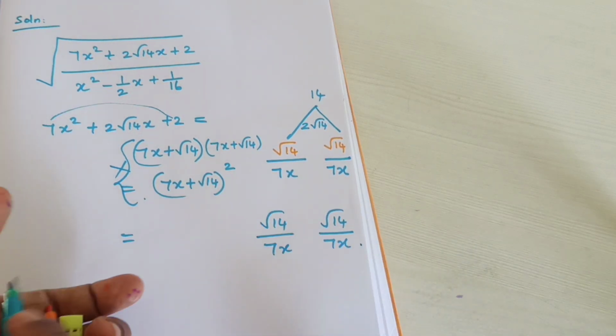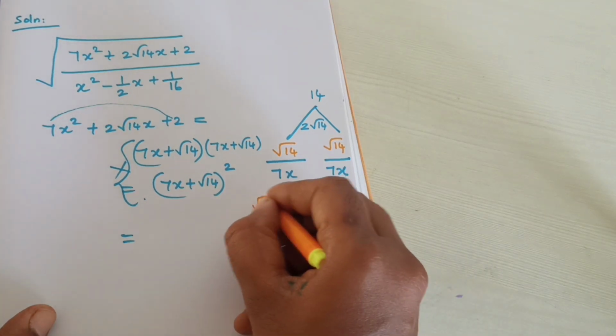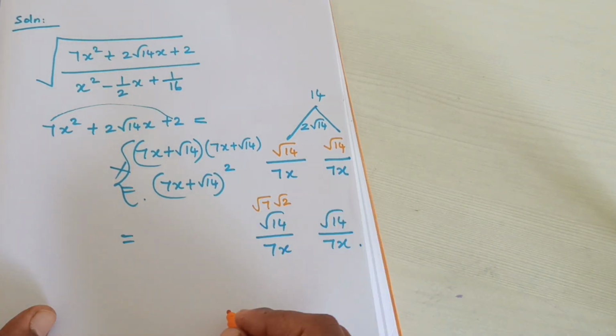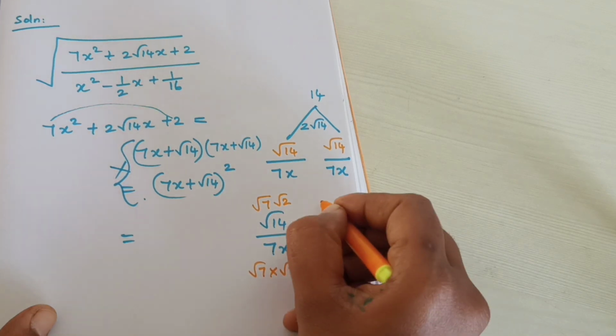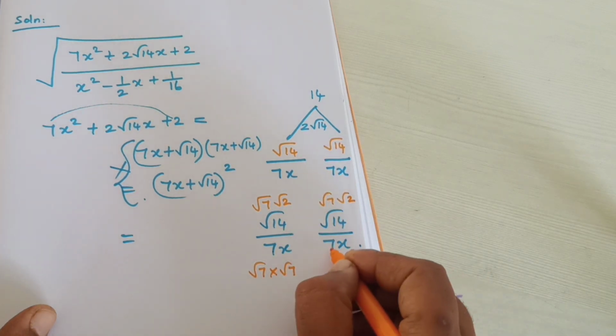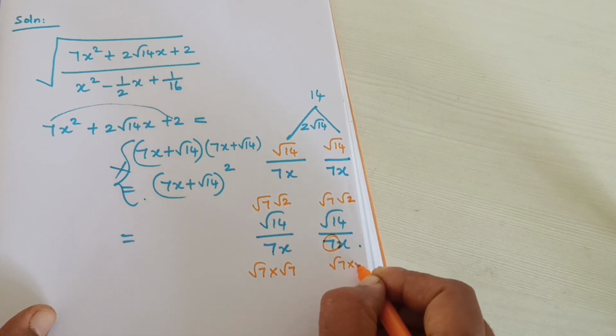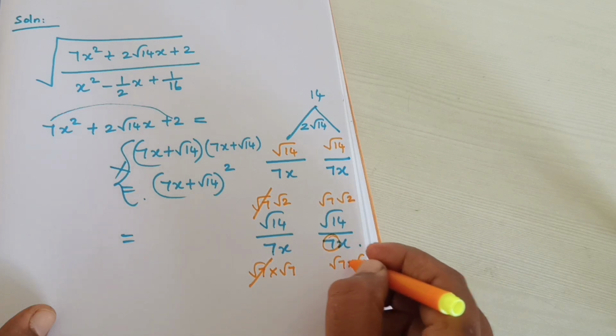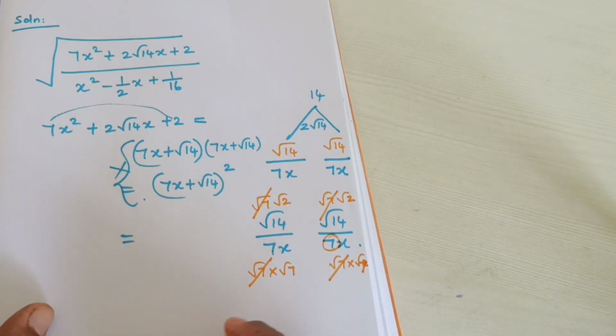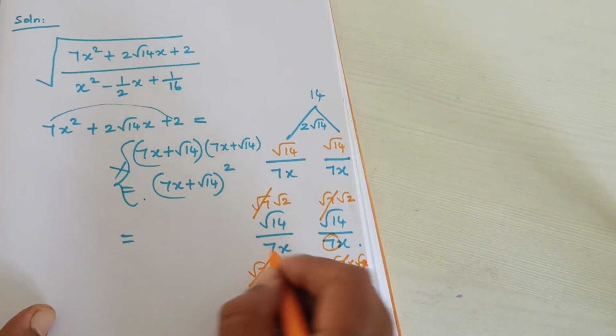How will you split? Root 14 is root 7 into root 2. Correct, no? So 7 is root 7 into root 7. This also root 7 into root 2. Here this 7 is root 7 into root 7. So root 7 and root 7 get cancelled. Here also root 7 and root 7 get cancelled. So what is the final answer?